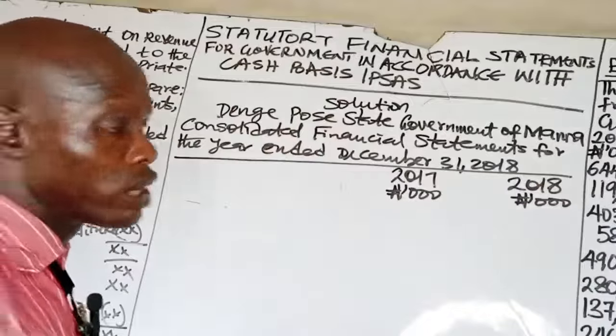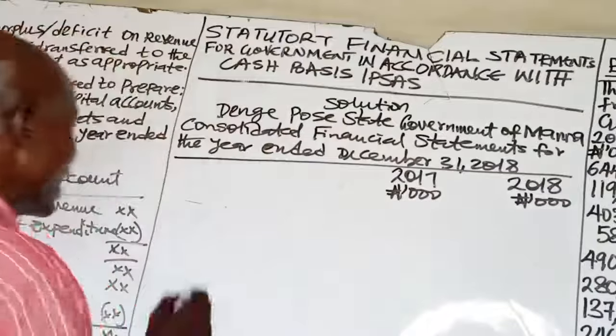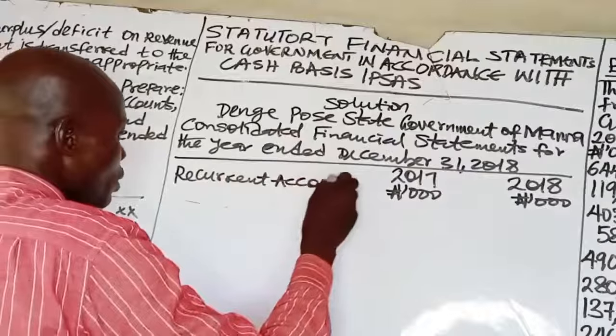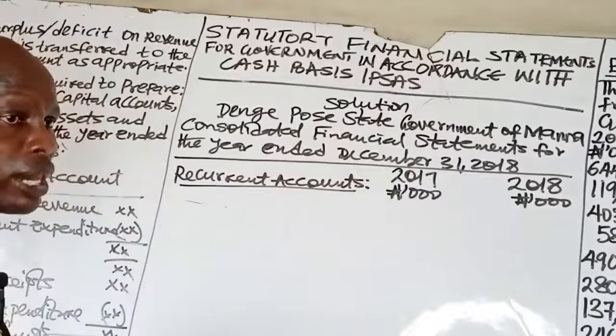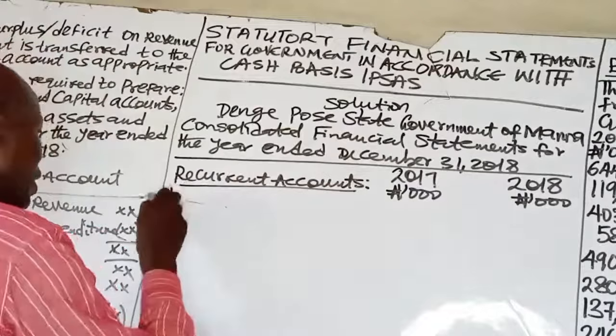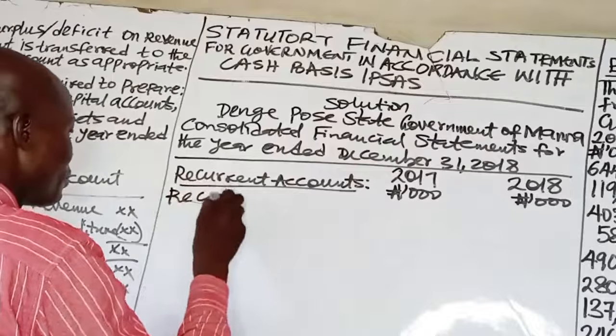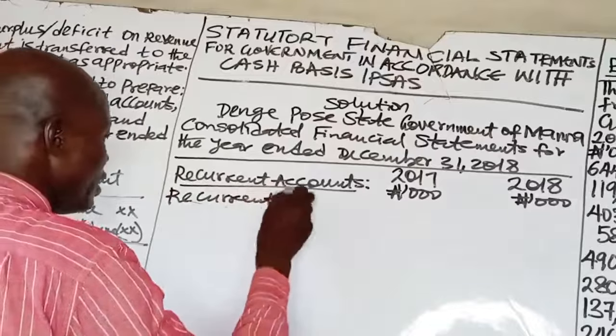So you'll be starting with recurrent accounts. I've told you to prepare your recurrent accounts. You will start with recurrent revenue.